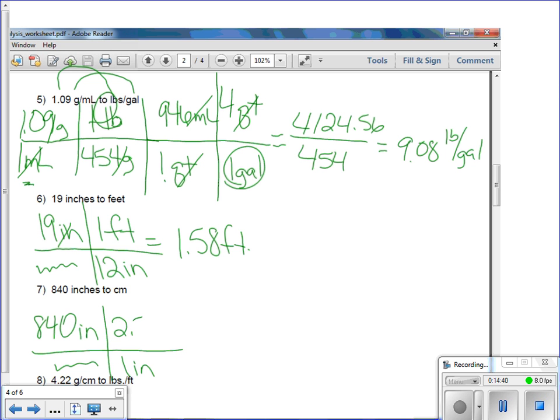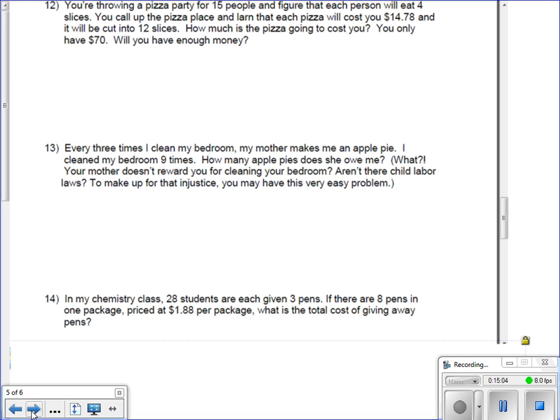There are 2.54 centimeters. So now I can stop. I got the centimeters. Multiply across the top. Divide by what's on the bottom. So we get 2,133.6 centimeters.